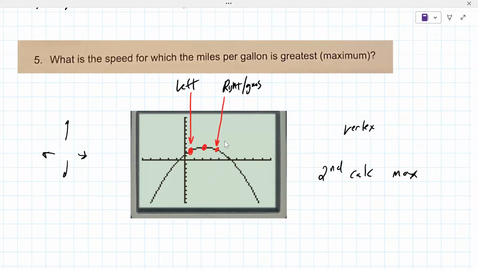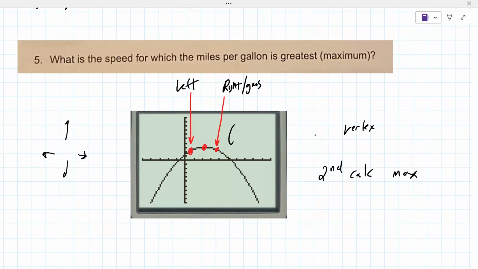The maximum is 30.44, or 30.5, I guess, if you want to round it. What's the y value there? 30. And then what's the x value? 45. Okay, so give me the ordered pair one more time. I don't think I've got it here. What's the ordered pair? Redo what I just did.